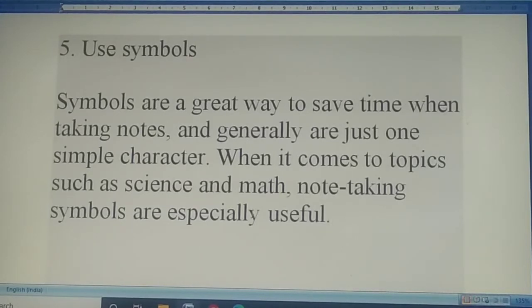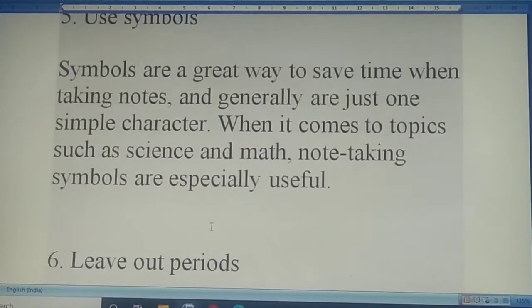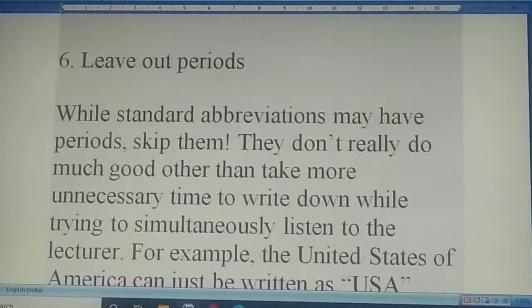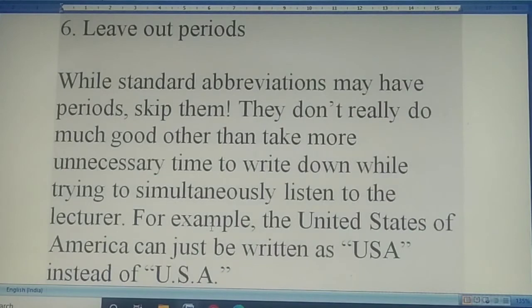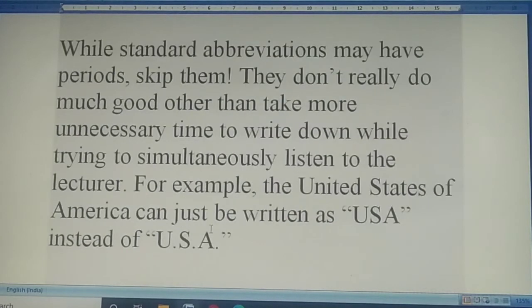When it comes to topics such as science and math, note-making symbols are especially useful. We have a lot of symbols in science and mathematics. Next, leave out periods. What's that? While standard abbreviations may have periods, skip them.